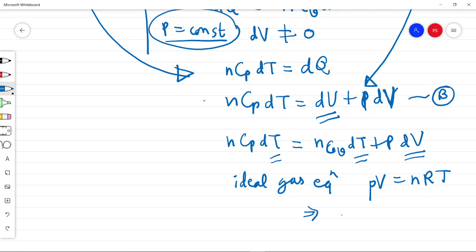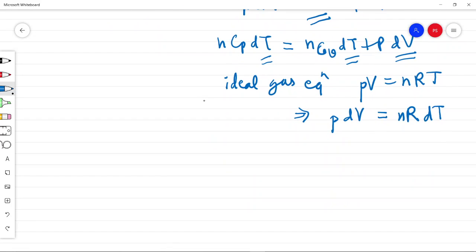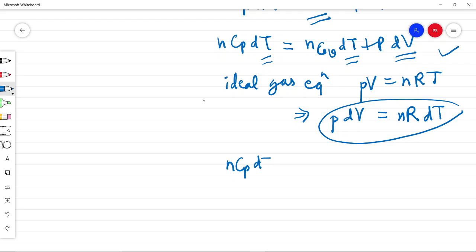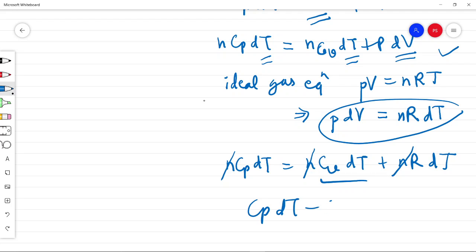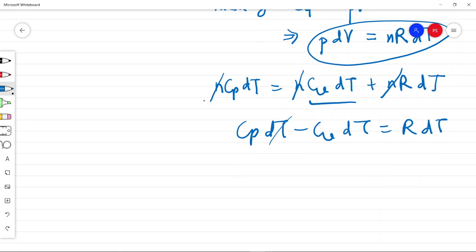This means if we differentiate this, we get PdV equal to nR dT, as n and R are just constants and the derivative of T is dT. So using this here gives us n Cp dT is equal to n Cv dT plus nR dT. Now this n just gets cancelled throughout. This Cv dT can be shifted to the left hand side. Further, this dT can also be eliminated and we are left with Cp minus Cv is equal to R.